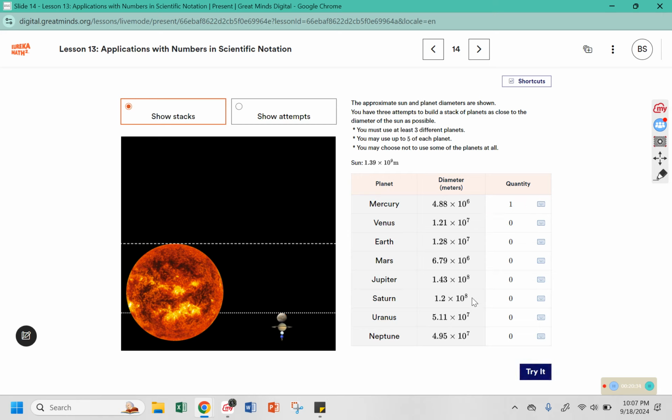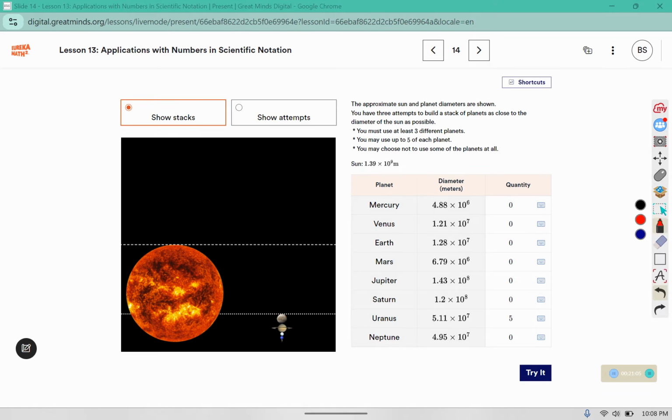I see 2 that have 10 to the 8th and several that have 10 to the 7th, but this one has a 5 and these ones only have 1.2 and this one's 4.9. So I'm going to start by using 5 of these. And I'm going to do the calculation on the side so you can see what I'm doing. My goal is to reach this amount, or as close to it as I can.